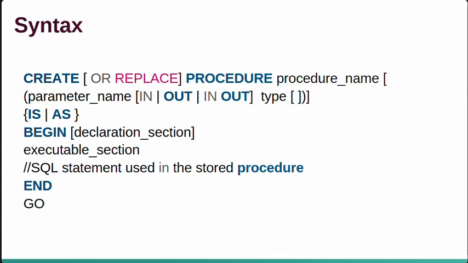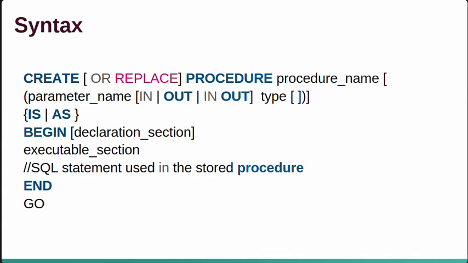Then the type of the procedure, so is or as. If you are using create, you have to use is. If you are using replace, you have to use as. Then begin and declaration section, you will have the executable section and it has to be ended with the end keyword, and the last statement of a procedure must be a go.